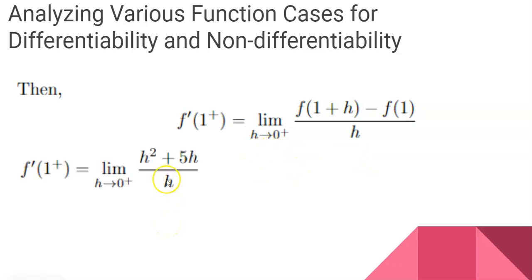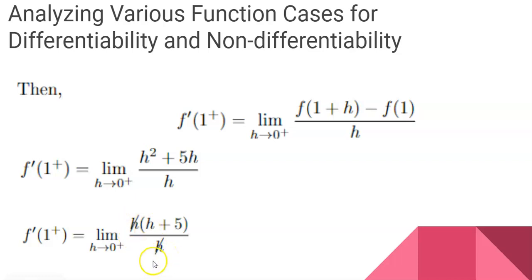Next, we substitute h² + 5h for the numerator, being the value for f(1 + h) - f(1). Next, we factor out h in the numerator. So we have h times (h + 5). Then we cancel out h in the numerator and denominator.